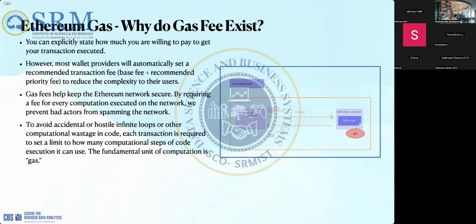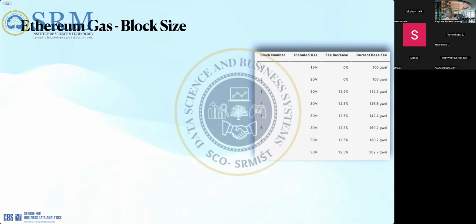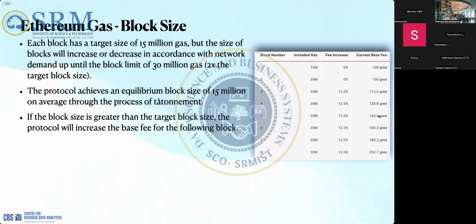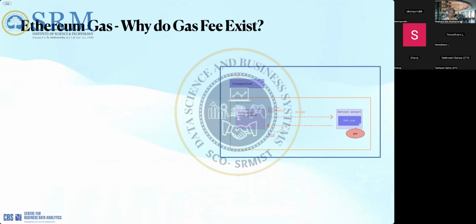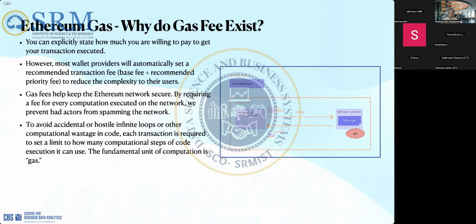So you will know what the base fee is, and that is decided. And then the wallets will also help you find out the approximate tip you need to provide. Based on your transaction urgency, you might want to, let's say you want your transaction to be executed immediately, right?